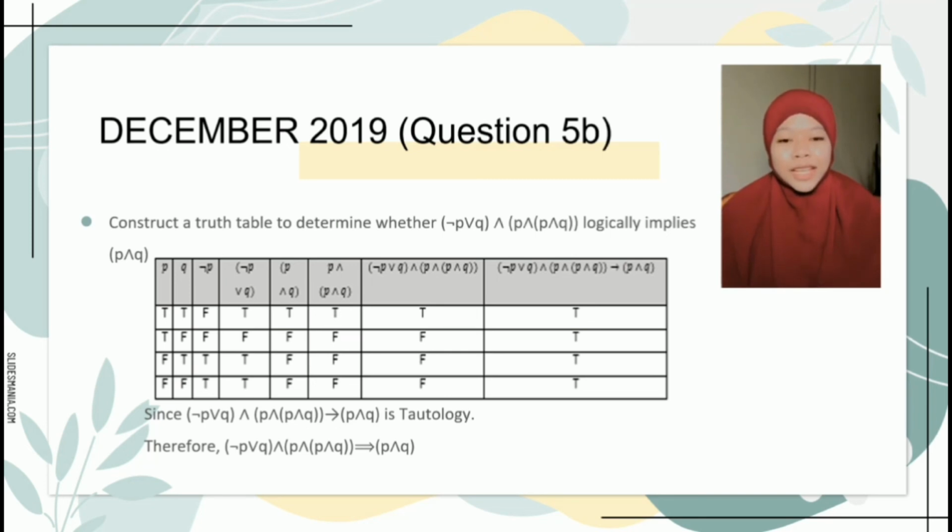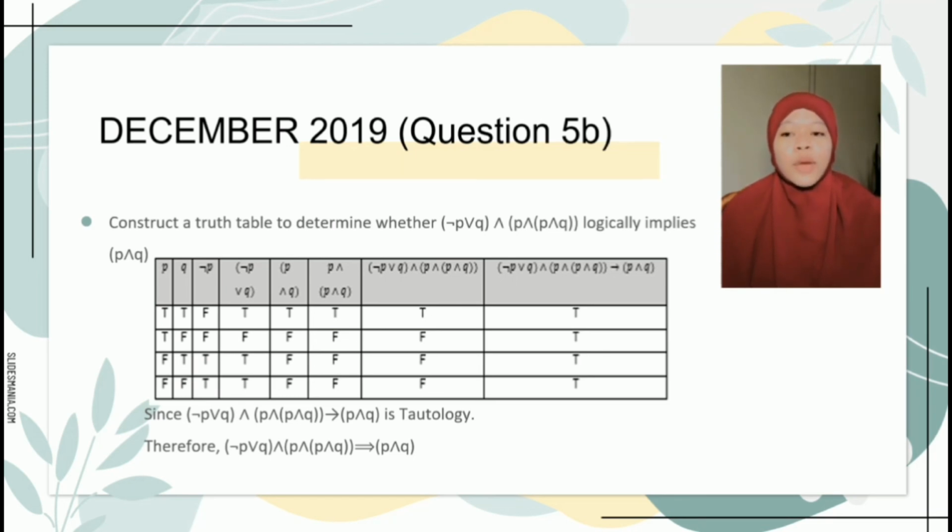But we need to check it carefully because sometimes it may be false. So for the hypothesis implies P and Q, we get all true.